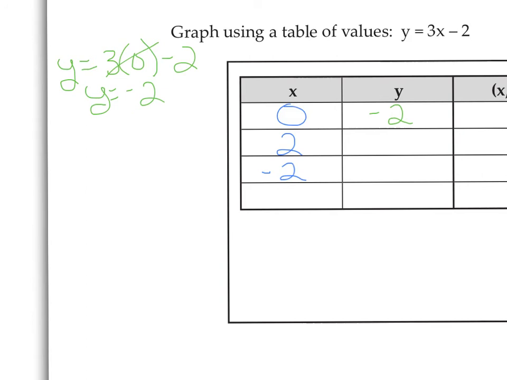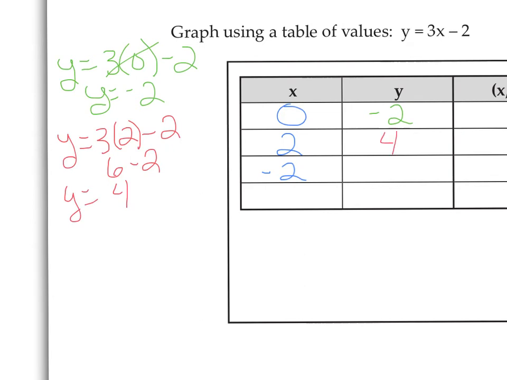And then I'm going to plug in positive 2 for x. So y equals 3 times 2 minus 2, or 6 minus 2, which is 4. So y equals 4.